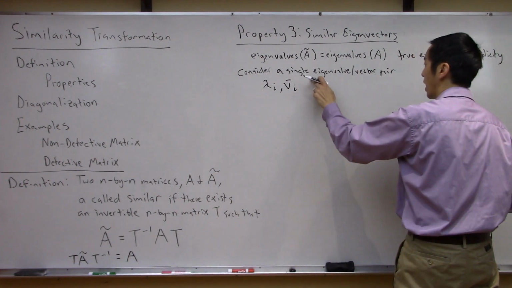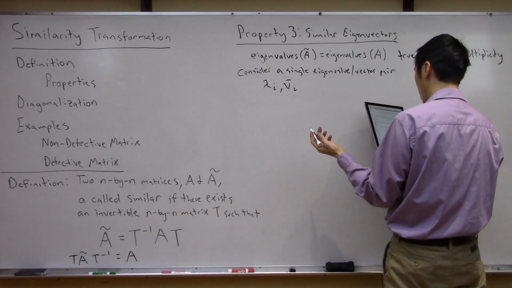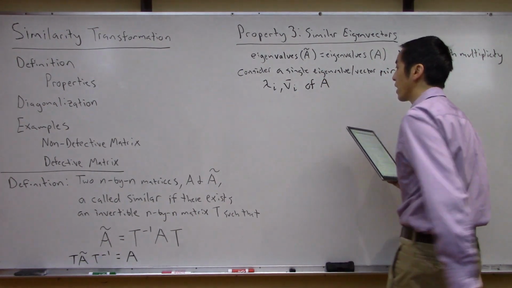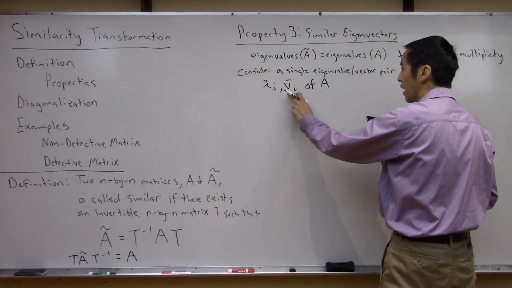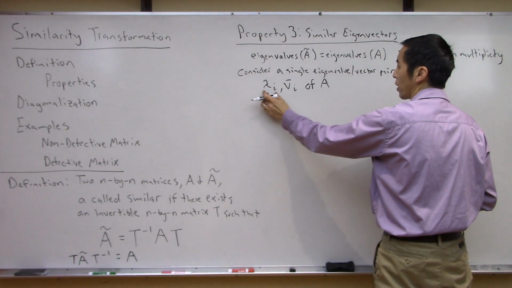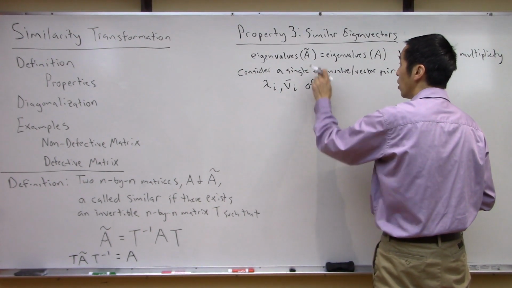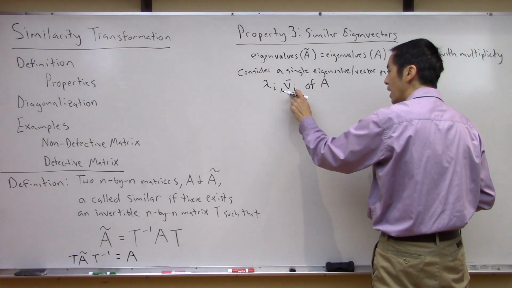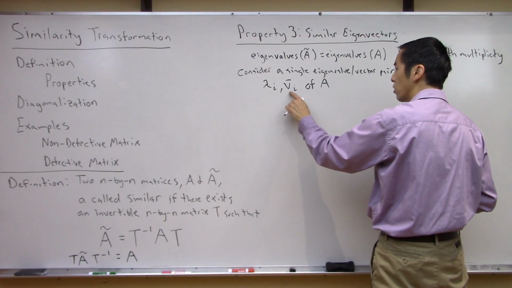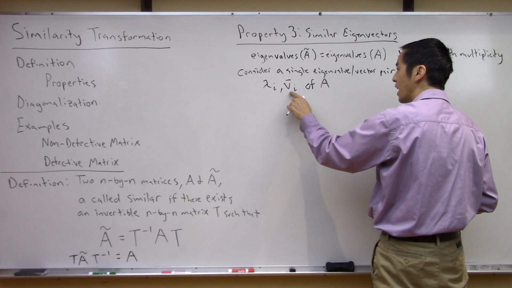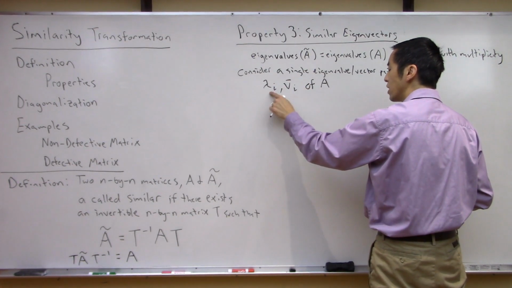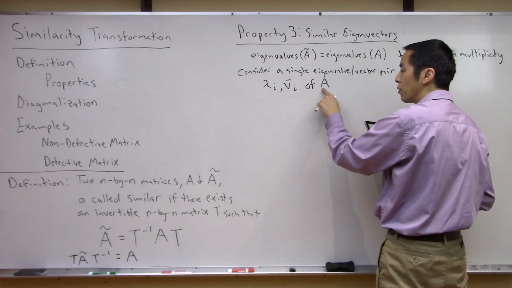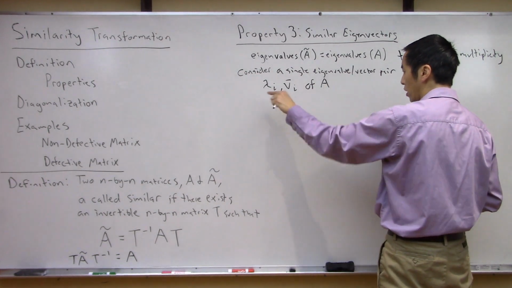This is an eigenvalue-eigenvector pair of the original matrix A. We saw that the lambdas for A are the same as the lambdas for A tilde. But I want to make the distinction that I'm going to use the notation v i to denote an eigenvector associated with eigenvalue lambda i of the original matrix A. So we've got that on the board.